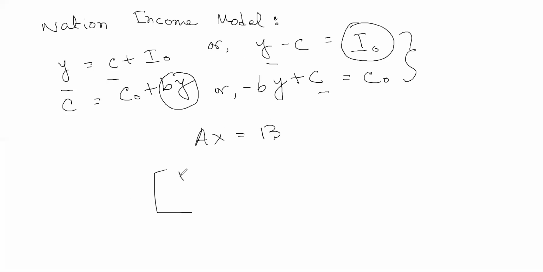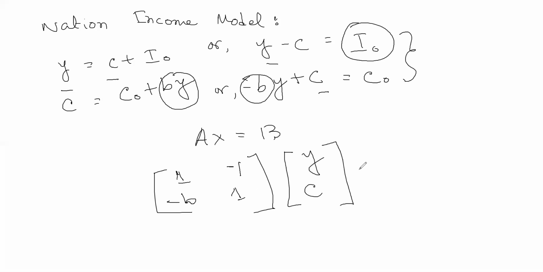We know that there is a 1 multiplied before Y. So for the first row it is 1, for C it is minus 1, and then for the next row it is minus B into Y. So here we will get the coefficient as minus B, and for C it is again a positive 1, and that's how we form the matrix A. For X, we know that the variables we need to solve for are Y and C, and finally it is equal to the vector of constants, which is I naught and C naught.